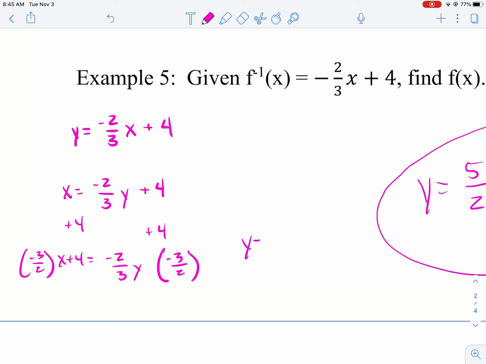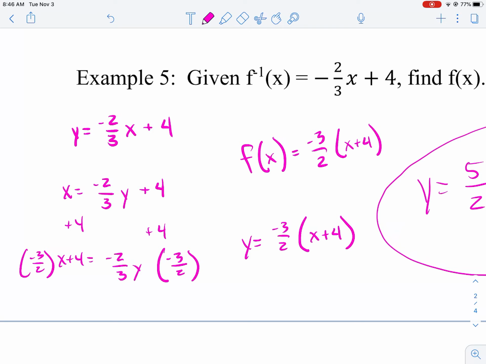And we get y is equal to negative 3/2 x plus 4. So our original function is actually this guy right there.